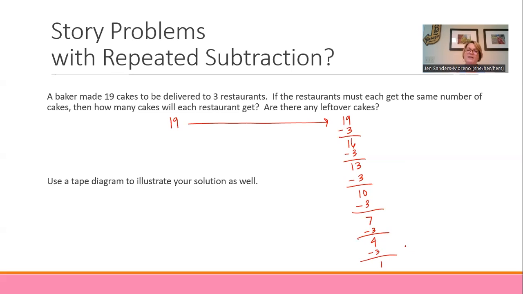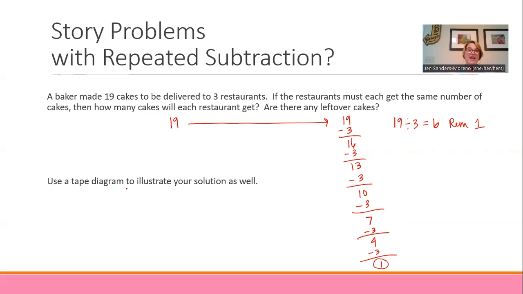Okay, so what's happening here is that I subtracted 3. 1, 2, 3, 4, 5, 6. So because I subtracted 3 6 times, what we're finding out is that 19 divided by 3 is 6. And we did have a leftover with a remainder of 1.